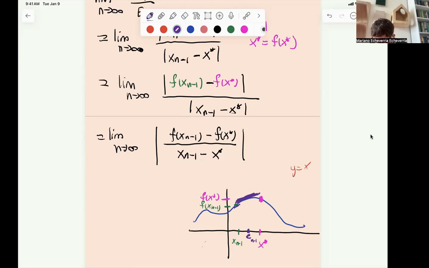This is the change of the function in f, and this is the change of the function in x. So it's kind of like an average rate of change, right?